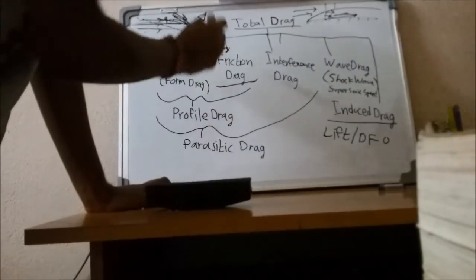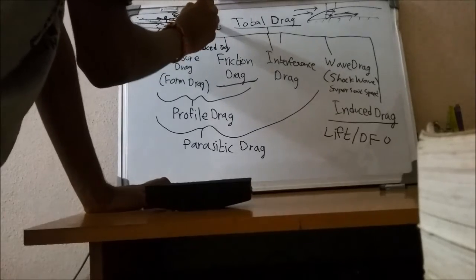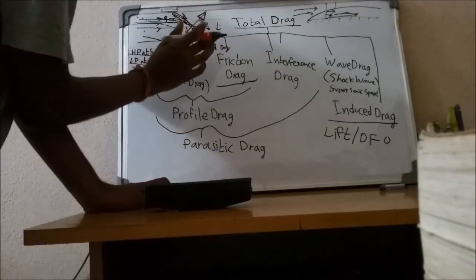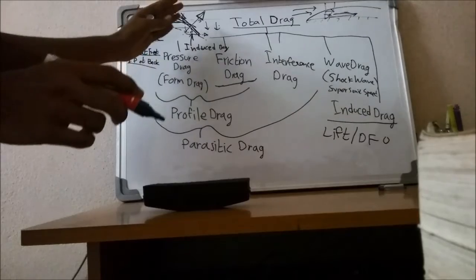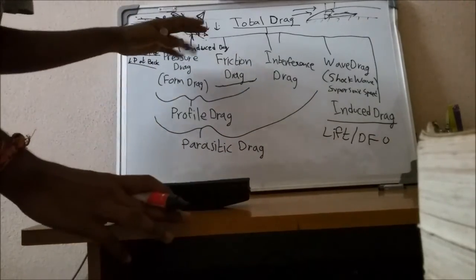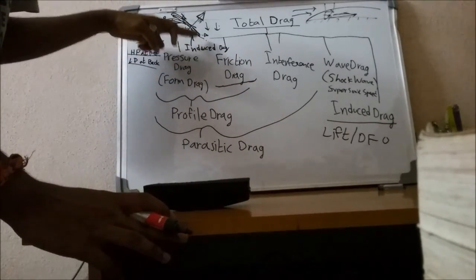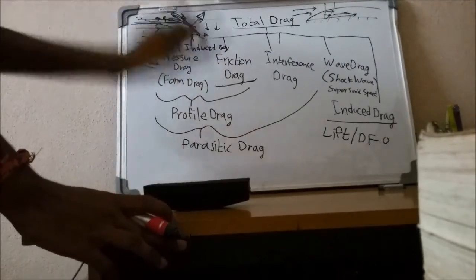So the lift is inducing a kind of drag on this wing. The lift force is inducing a drag component on this wing. So this is known as induced drag.